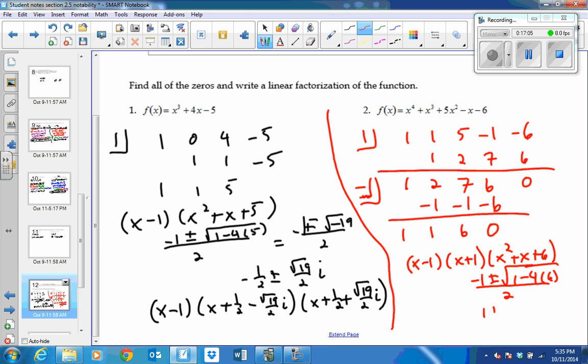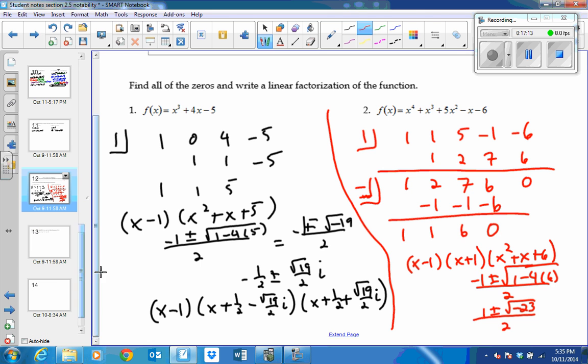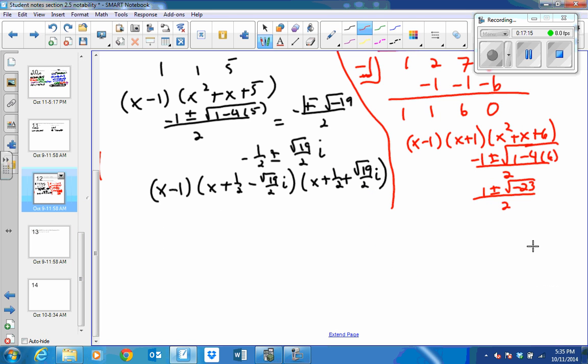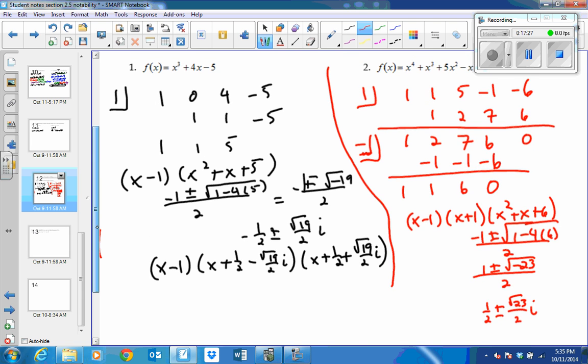So that's 1 plus or minus the square root of -23 all over 2. So this is 1/2 plus or minus the square root of 23 over 2i. And our other roots are 1 and -1.